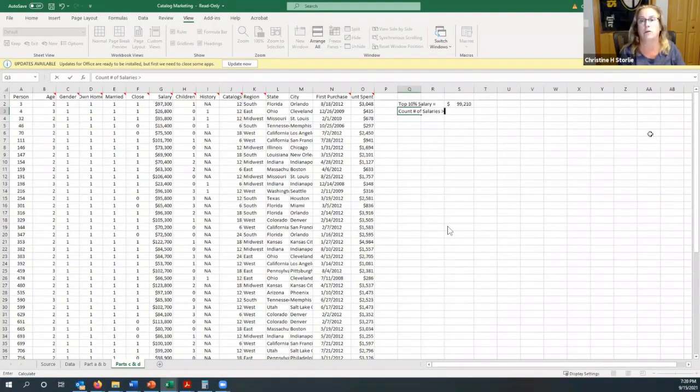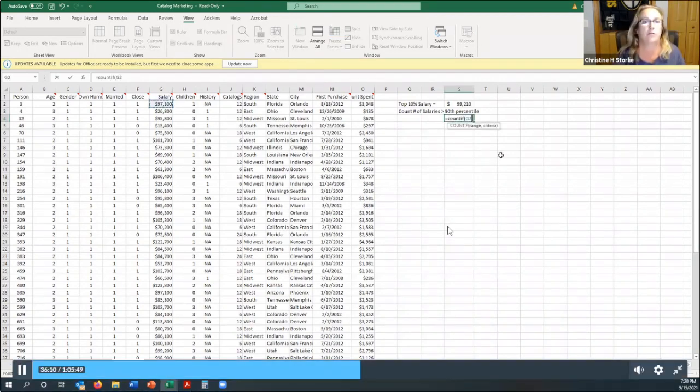Greater than the 90th percentile, which would be the top 10%. Okay. So again, that's going to be equal to count if, range of all of the salaries.